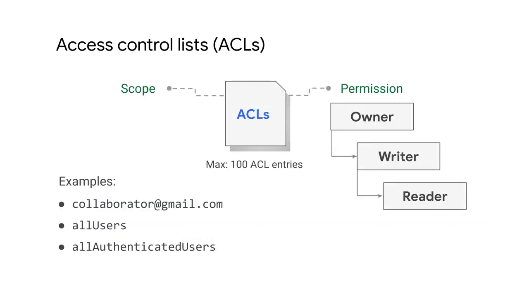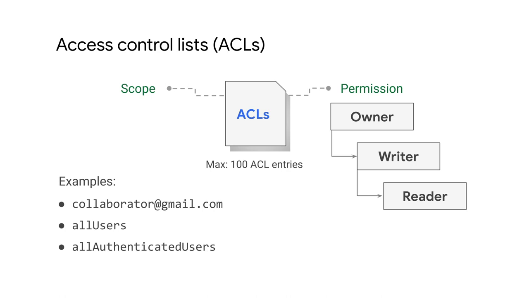An ACL is a mechanism you use to define who has access to your buckets and objects, as well as what level of access they have. The maximum number of ACL entries you can create for a bucket or object is 100. Each ACL consists of one or more entries, and these entries consist of two pieces of information: a scope, which defines who can perform the specified actions, for example, a specific user or group of users, and a permission, which defines what actions can be performed, for example, read or write.